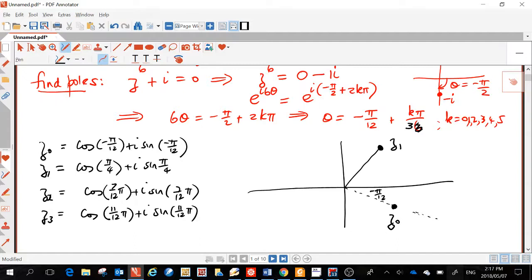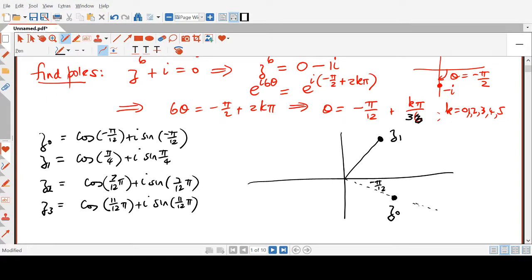What is the difference in the angle between those two? How many degrees apart are Z0 and Z1? That's 45 degrees. That's 15 degrees. 45 plus 15 is 60.